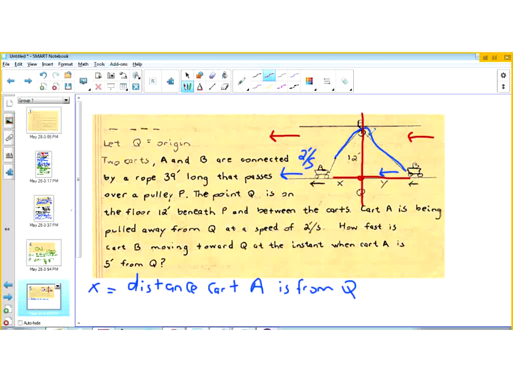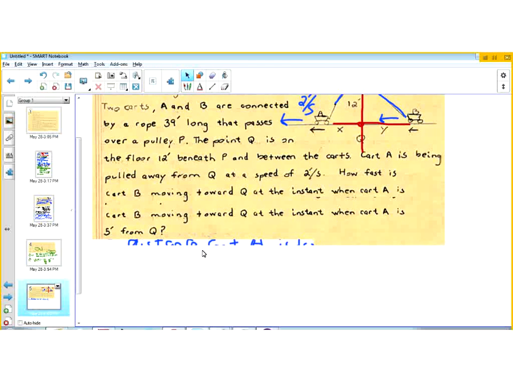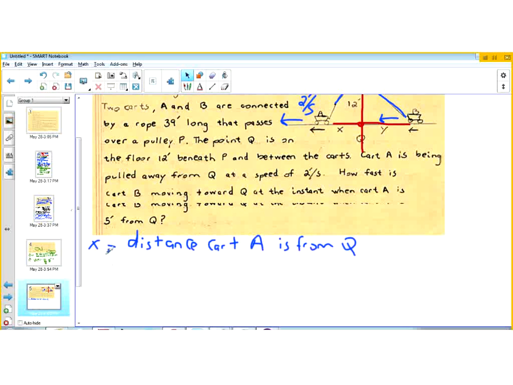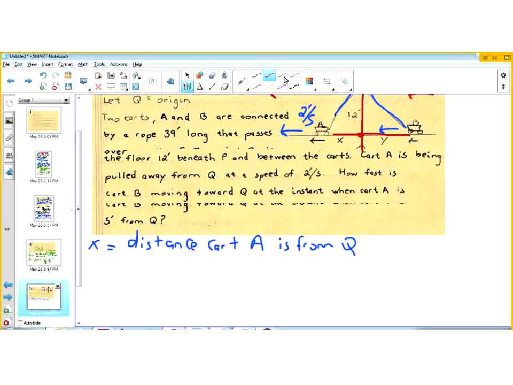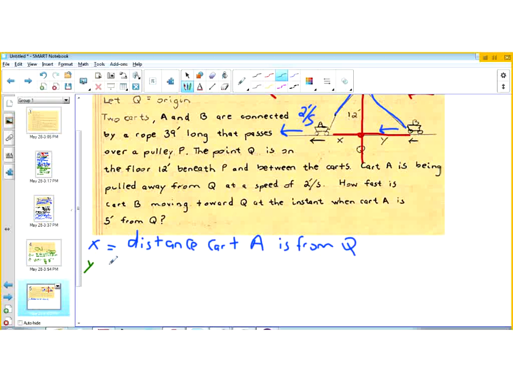If I move to the left, my velocity will be negative, because the change in x with respect to time moving to the left makes all positions negative with respect to point Q. Moving to the right, they would all be positive quantities with respect to this coordinate system that I've outlined in red.